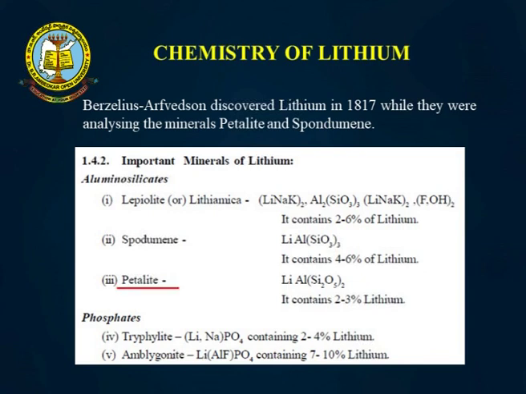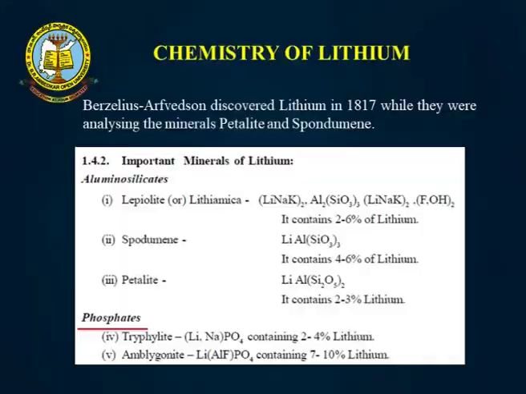Next, petalite, whose molecular formula is lithium aluminum silicate, and it contains 2 to 3% lithium. From these minerals you can extract lithium. Phosphate minerals are also available, and these contain somewhat more lithium than the aluminosilicates.